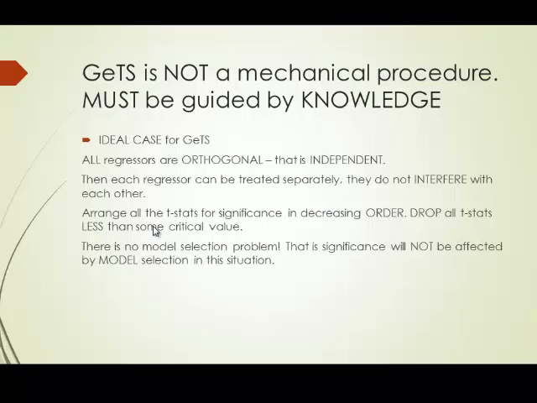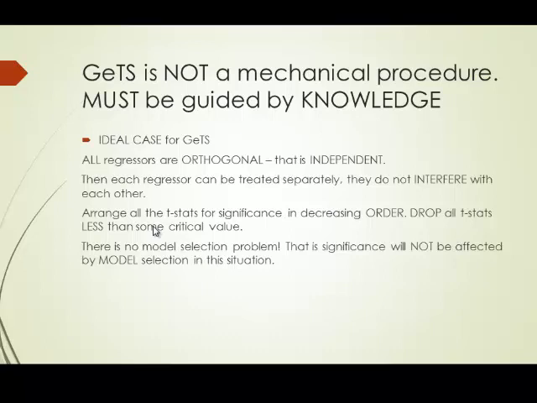There is no multicollinearity. So if all of the regressors are independent, then there's a very nice theorem that inclusion and exclusion of a regressor does not matter. If you exclude a very significant, important regressor, but it is orthogonal to the ones that you are testing, has zero correlation, then whether you include it or not, it makes no difference to your results.